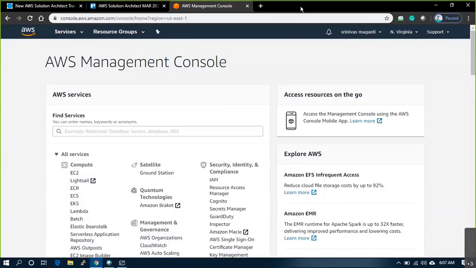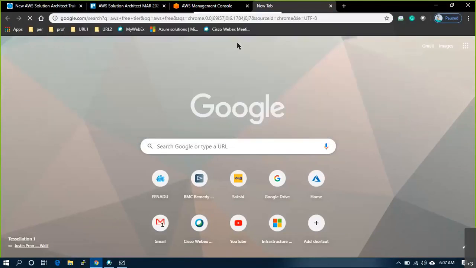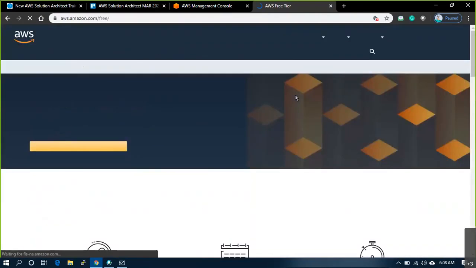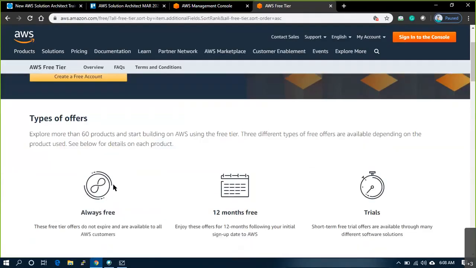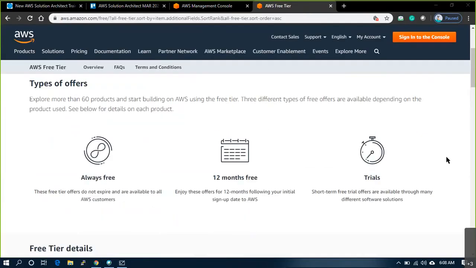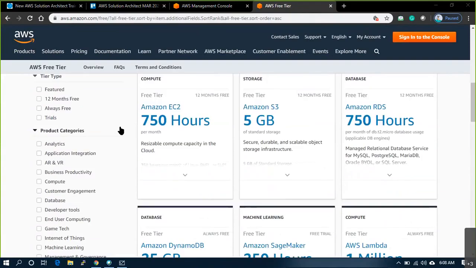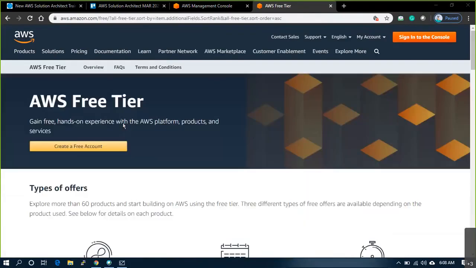If you go to AWS free tier, just search AWS free tier, you'll get these things.